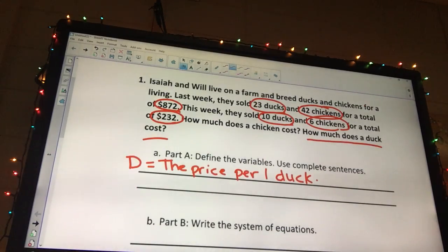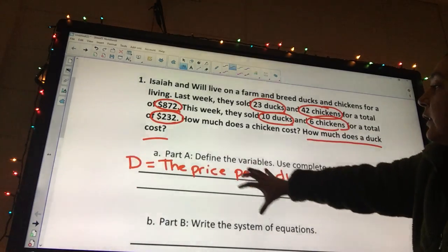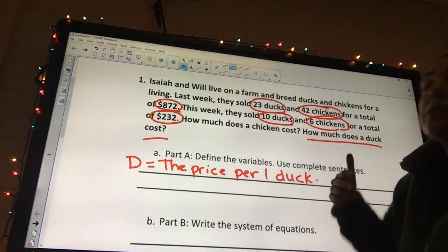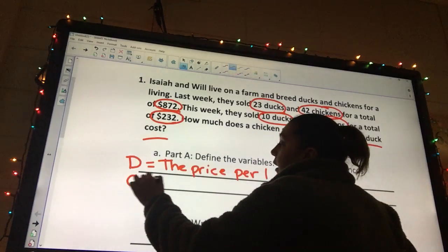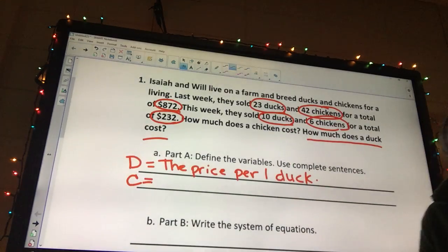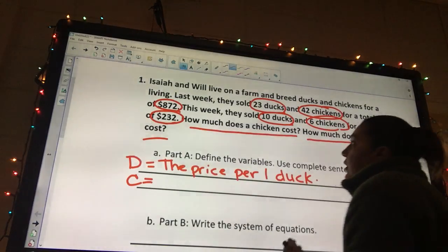Then for our other one, we need another letter because we're defining the variables with an S. So our other one is going to be C for chickens. We can't write C equals chickens because that is not correct or accurate in any way. Going back through here, it says how much does a chicken cost.